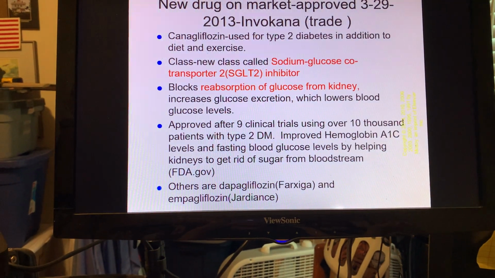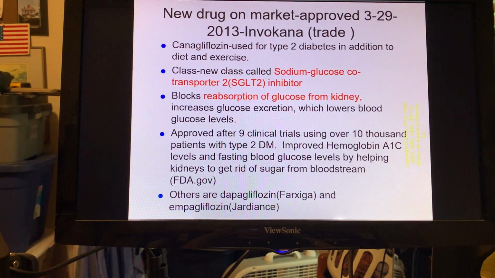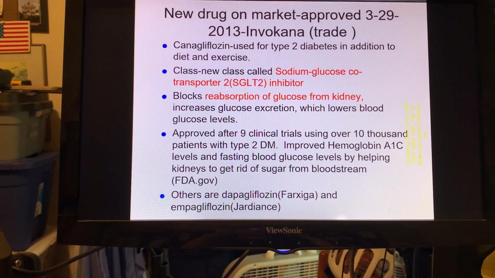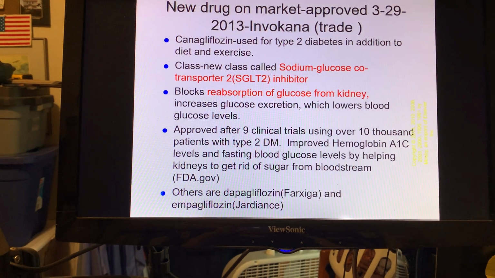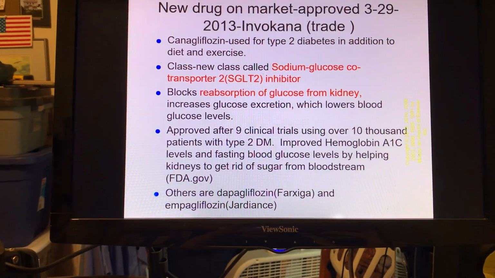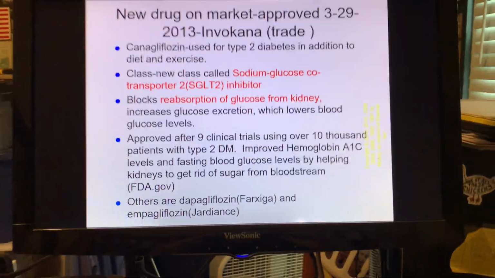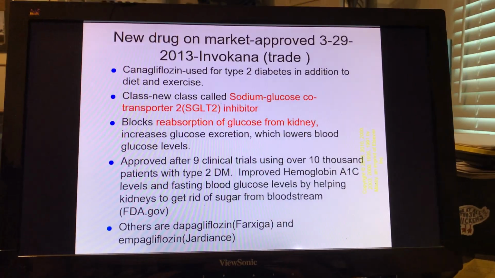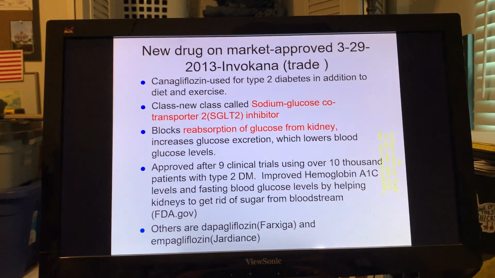So if it's leaving in the urine, the glucose is not going to be available in the bloodstream to increase your blood glucose levels. So that's how it gets them lower. So, back in my day when I learned, it's a bad thing to have glucose in your urine, now we've got meds that make you have glucose in your urine. So that kind of changed the whole game plan.